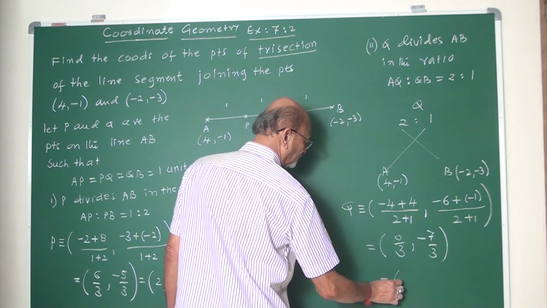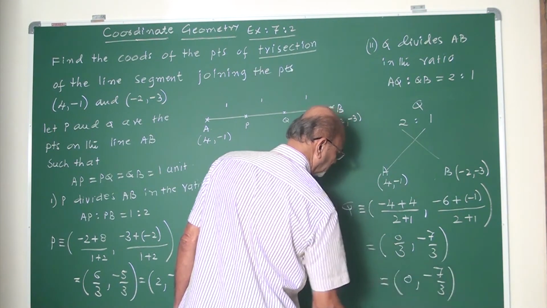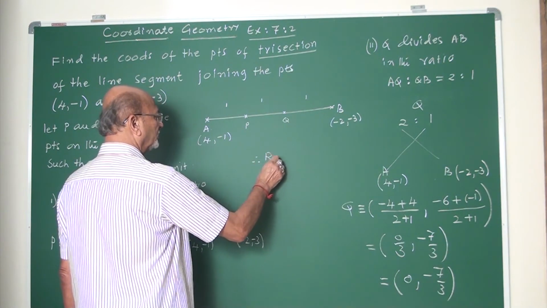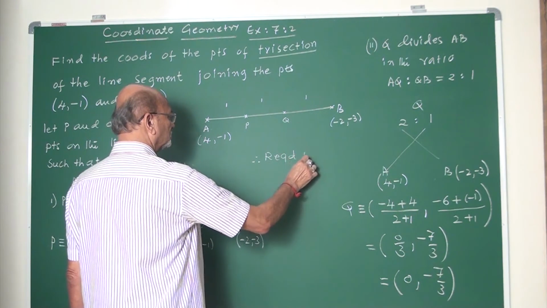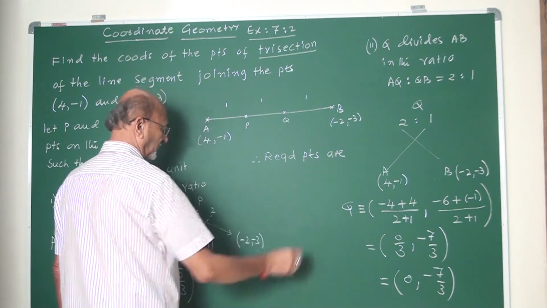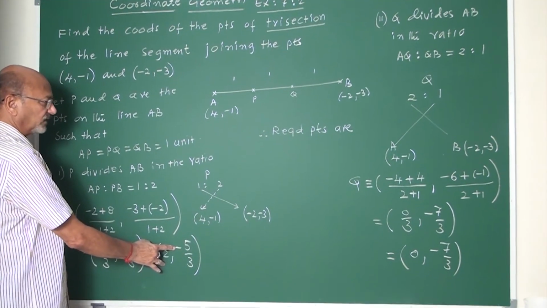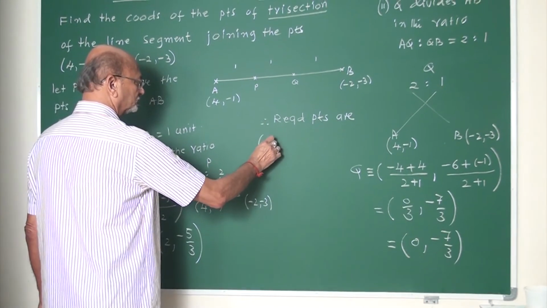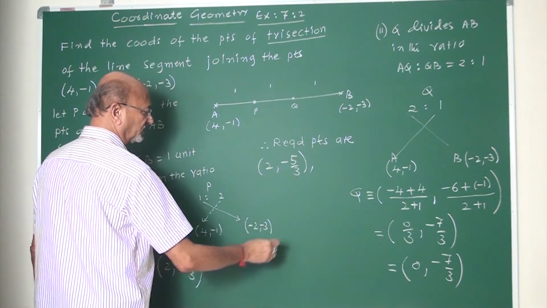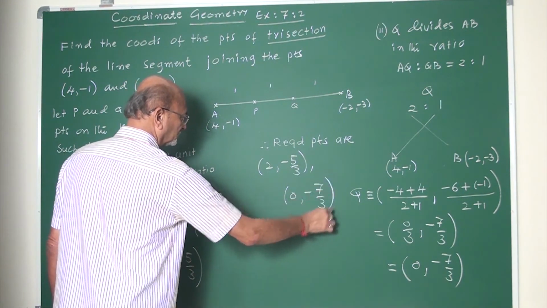So what is the answer? 0 comma minus 7 by 3. Therefore, my friends, your required points are: the first one is 2 comma minus 5 by 3, and the second is 0 comma minus 7 by 3.